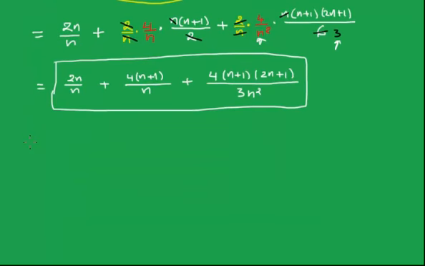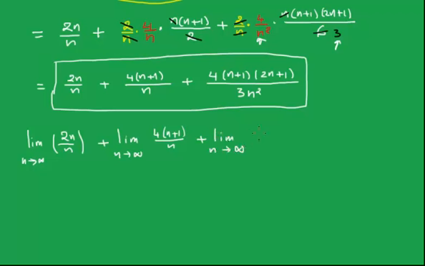We're going to compute the limit as n approaches infinity of 2n over n, plus the limit as n approaches infinity of 4 times n plus 1 over n, plus the limit as n approaches infinity of 4 times n plus 1 times 2n plus 1 over 3n squared.